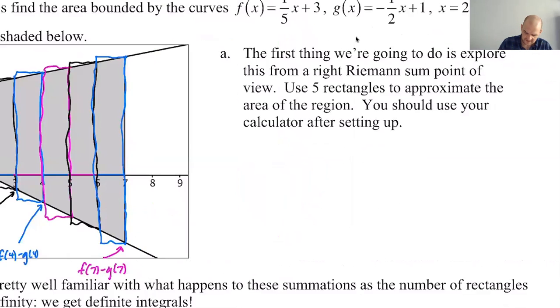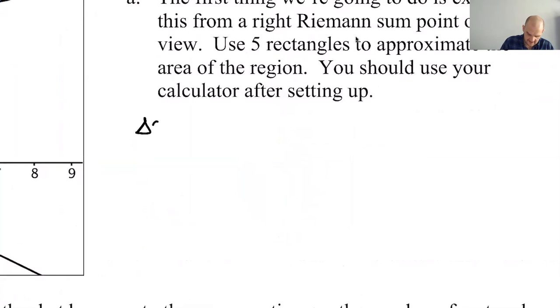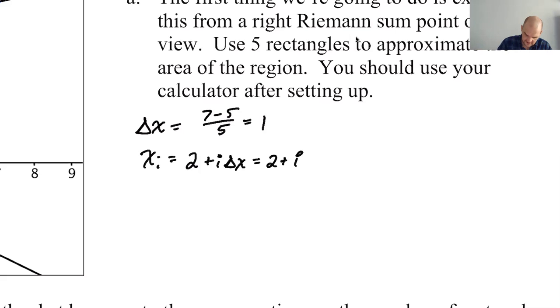Let's write some stuff down. I'm going to say that delta x is 7 minus 2 divided by 5 in this case, because we're using 5 rectangles, so 1. Evaluation points. So we always start at 2, well, we're doing 2 to 7, so it's going to be 2 plus i times delta x, so that's going to be just 2 plus i in this case.